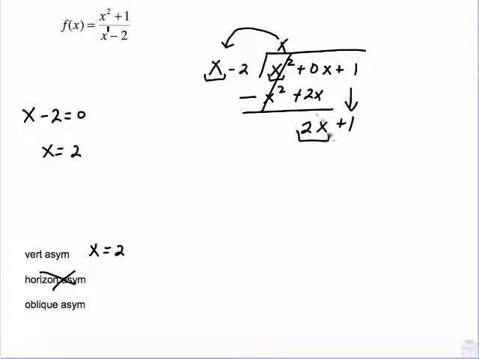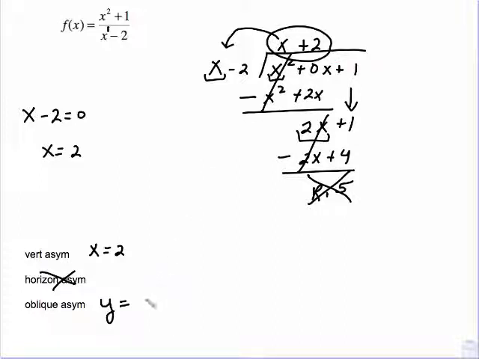X goes into 2x 2 times, which gives me 2x minus 4 when I come back and multiply. Draw the line, change the signs, cancels out the x, and I get a remainder of 5. The remainder of 5 gets thrown out. Your oblique asymptote will be y equals, because the asymptote is a line, equals this answer up here, x plus 2.